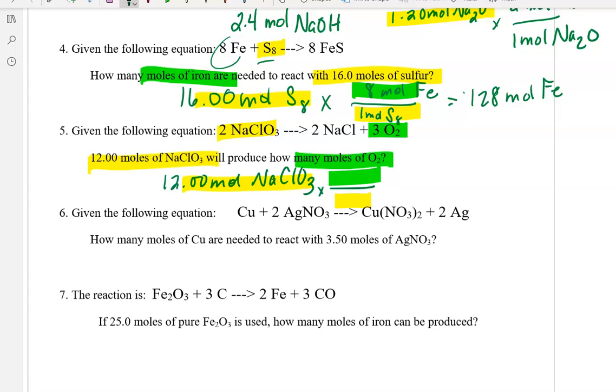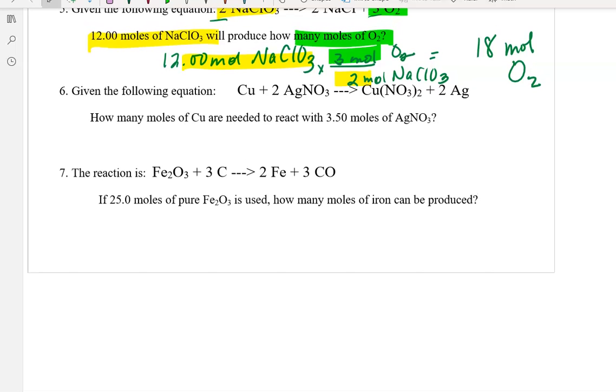My known is 12 moles of sodium chlorate. There are 2 moles of sodium chlorate that react to produce 3 moles of oxygen. Once we do the math, we would be producing 18 moles of oxygen if we started with 12 moles of sodium chlorate.